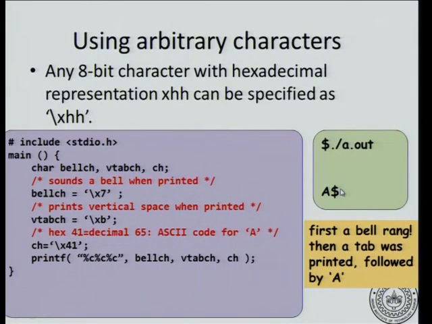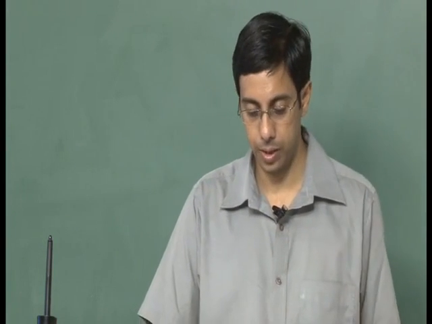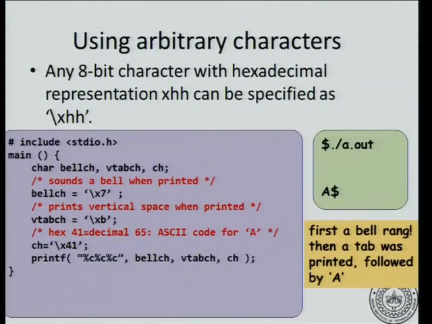It will ring a bell, and then it will print the second character, which is a vertical space, and then the third character was a printable character A. It will print A. So you can ask the system to print arbitrary entries in the ASCII table. If it is a printable character, it will print that corresponding character. If it is a non-printable character, it might take a suitable action.